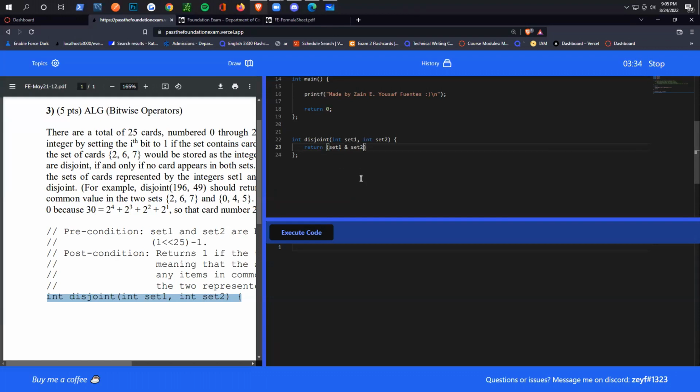If they're disjoint, remember, they have no bits on. If there's no bits on, it's equal to 0. So we can just say equals 0. And that is all you have to do. That is the simplest solution.